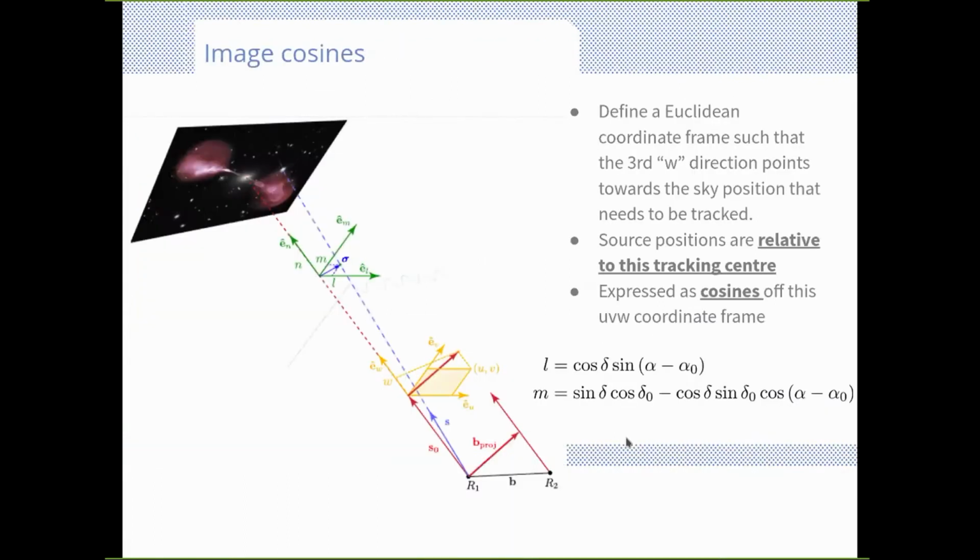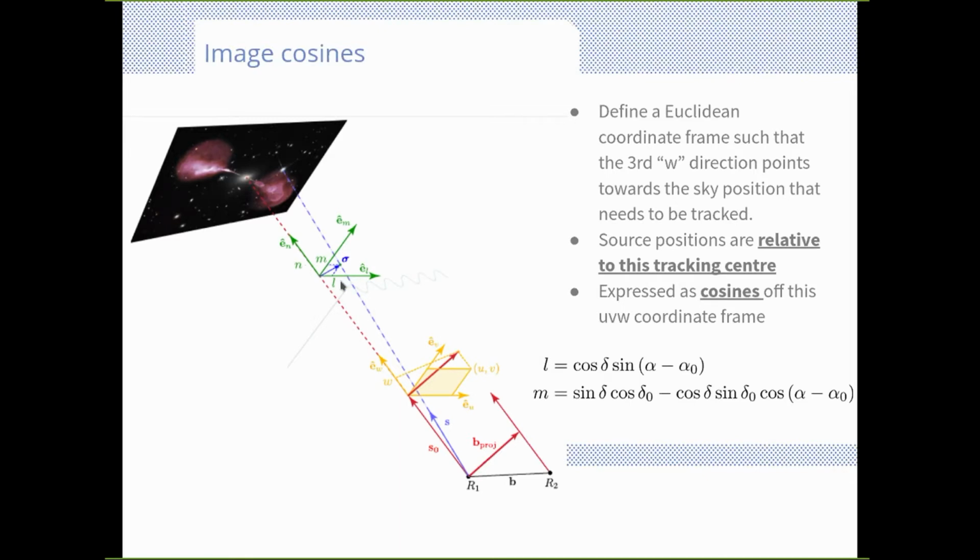Those are coordinates on the aperture, so the measuring device. So this is indicated here as these U, V, and W coordinates, where W, of course, points towards the point that we're tracking on the sky. Now, we can also define cosines of this frame in the image on the celestial sphere.